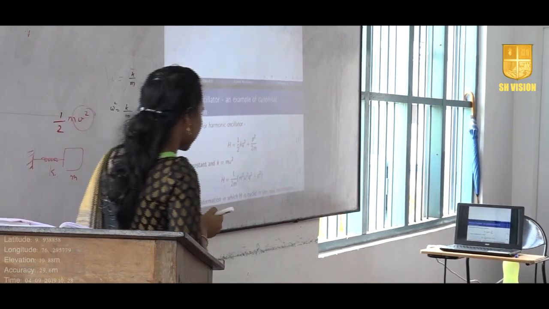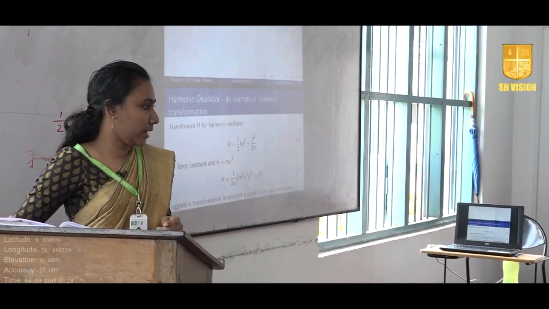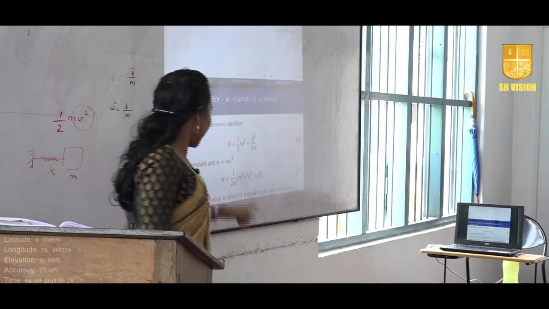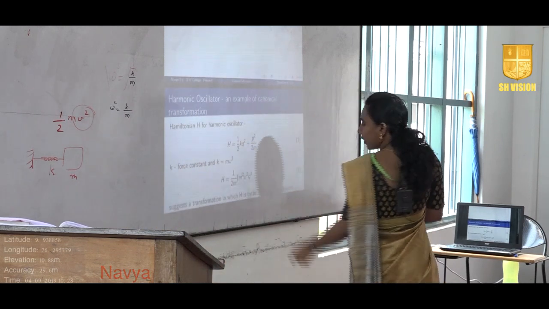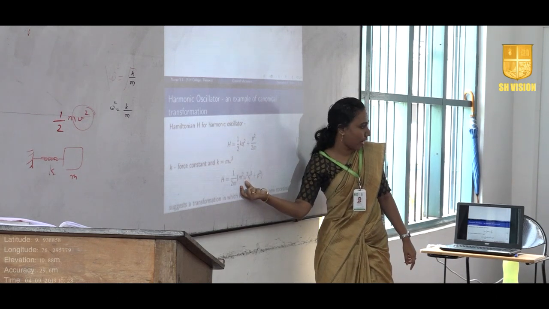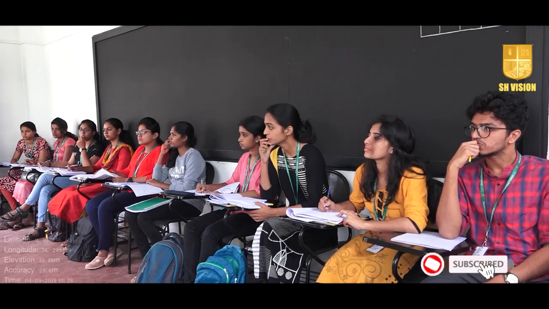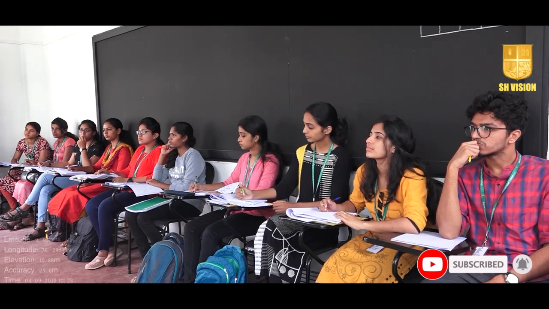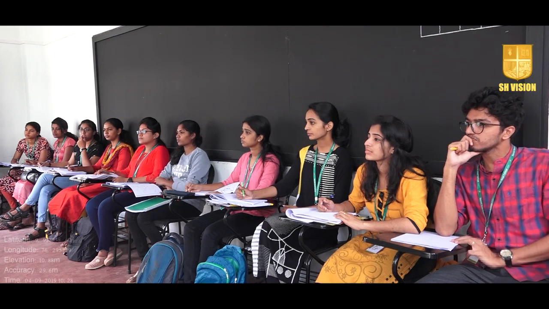Using these values in the Hamiltonian, you get H = 1 by 2m (m squared omega squared q squared + p squared). This is a sum of squares. You can see this part is a square and this part is also a square, and the sum of these squares suggests that the Hamiltonian H is cyclic in new coordinates.